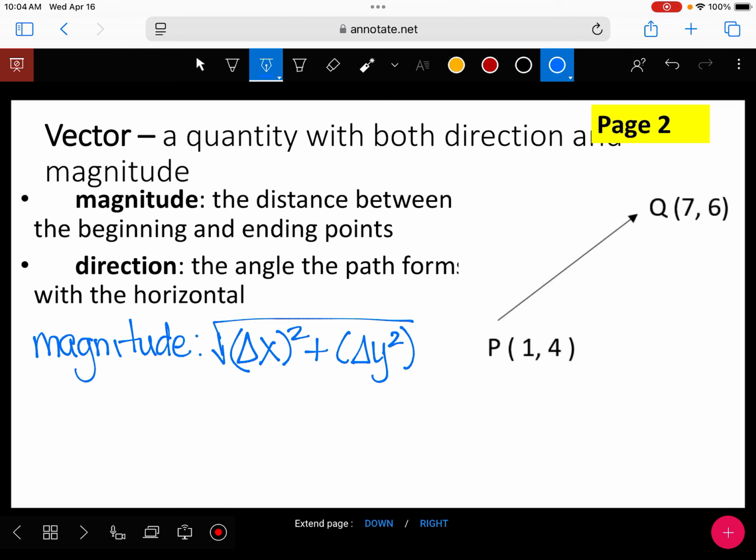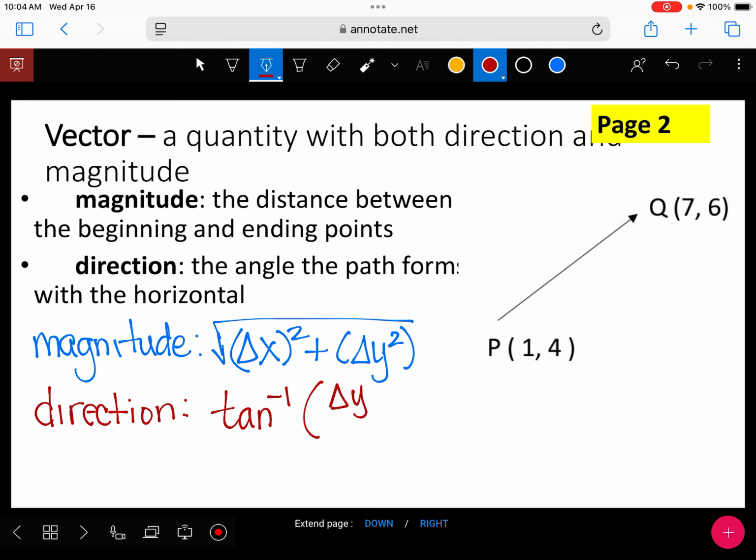And for our formula for direction, again, make sure you write that in that box to the right where it says formulas to know. These are the formulas that will not be given to you on the test. That's why I put them in that box. Direction is the inverse tangent of the change in y over the change in x.